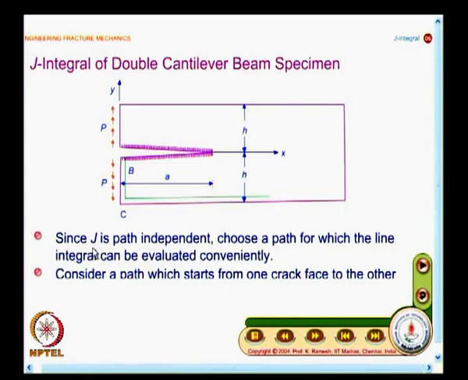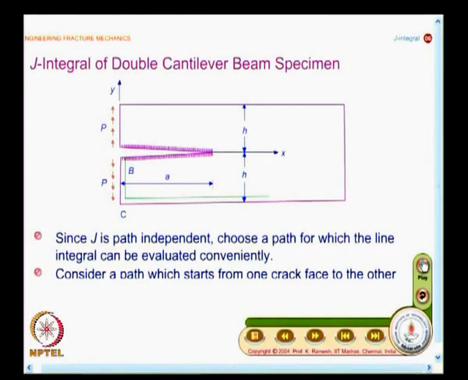And we have already noted that J is path independent. So, choose a path for which the line integral can be evaluated conveniently. So, we will choose a path where the contour goes to 0 at many places. So, we have to do computation only at a place where the contour integral is non-zero.